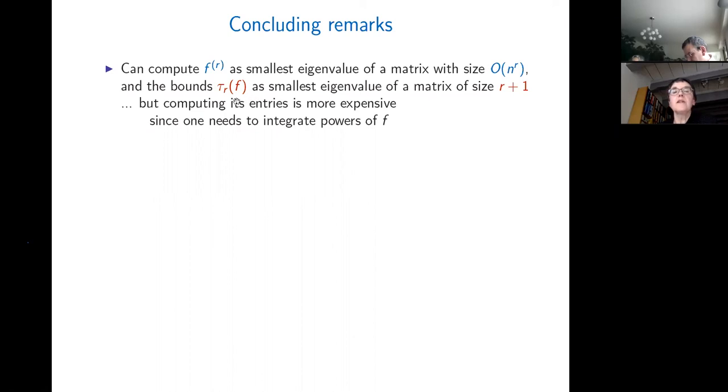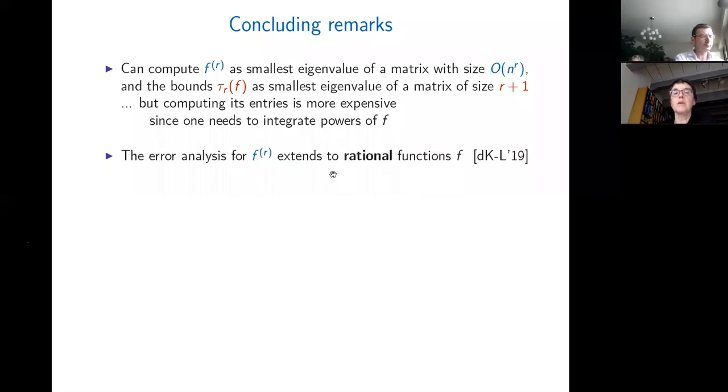And what is the advantage? The bounds are weaker, they have about the same behavior, and one could think that they are easier because you can get them as the smallest eigenvalue of smaller matrices. But computing the entries is way more expensive because you need to integrate powers of F. So this is a drawback. So there are pros and cons.